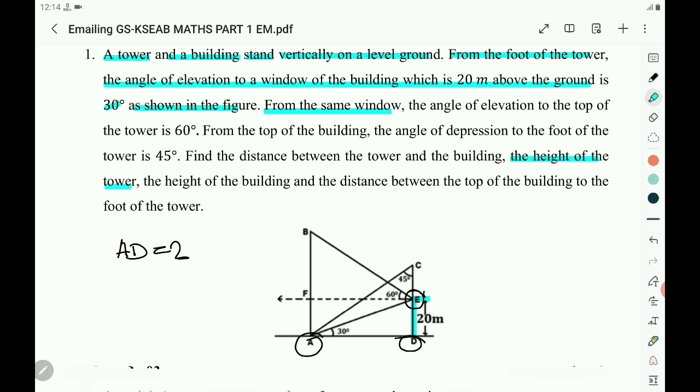Height of the tower is AB. AB equals question mark. And we have to find out the height of the building. Height of the building is CD. CD equals question mark.